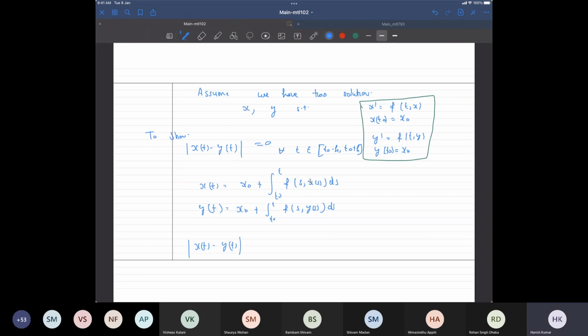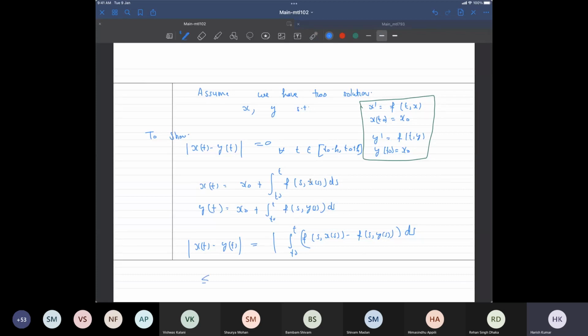So now this will be equal to modulus of integral t naught to t of f(s, x(s)) minus f(s, y(s)) ds. And because these are exactly the same number given the initial condition, they get cancelled.